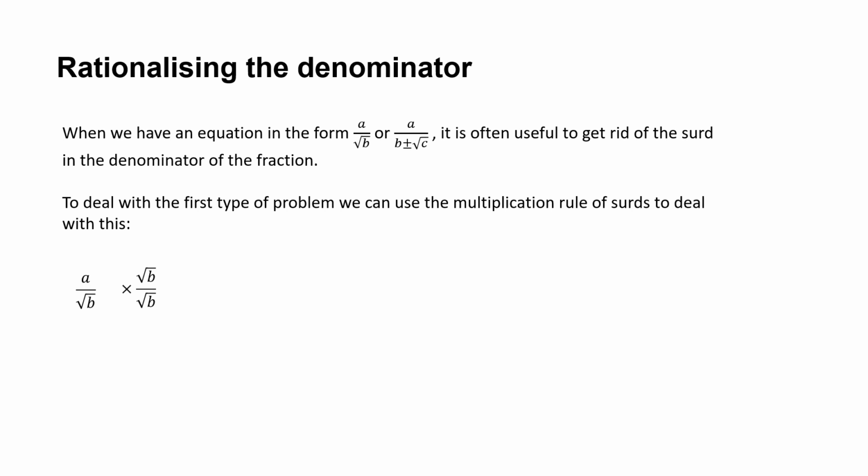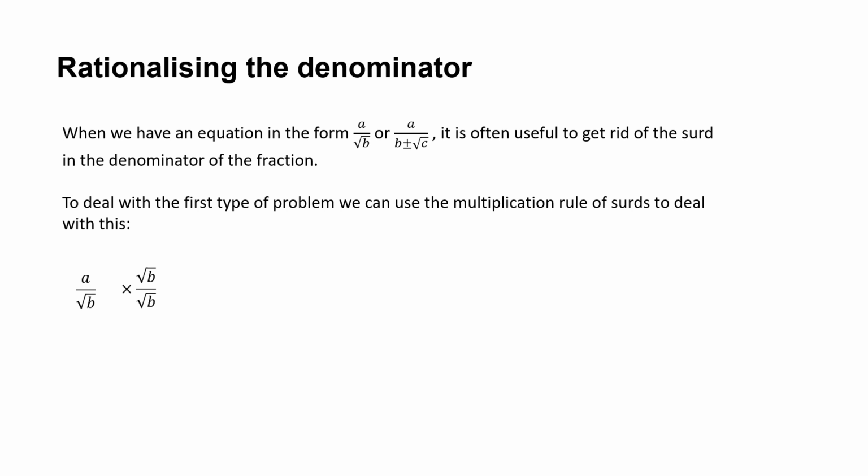And this is something I probably will cover elsewhere, but the reason we can do this is that root b over root b is just 1. So it doesn't change the value of that expression at all. We can always just multiply something by 1 because it just returns the same answer, doesn't it? Which is why we can multiply top and bottom by root b.